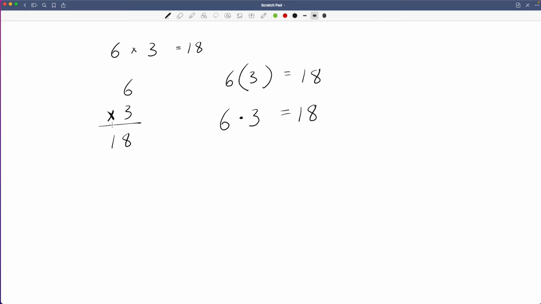So once we start using letters, it's really important that we don't confuse an X with the multiplication. So a lot of times we'll switch to the dot or the parenthesis whenever we have an X in the equation as well. So be familiar with the different formats that all mean multiplication, right? It's going to become important later that you're able to identify all of them and use them all interchangeably, okay?